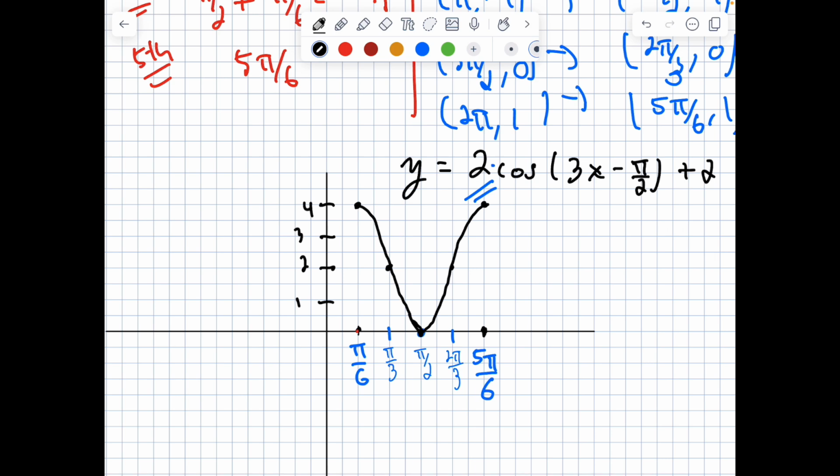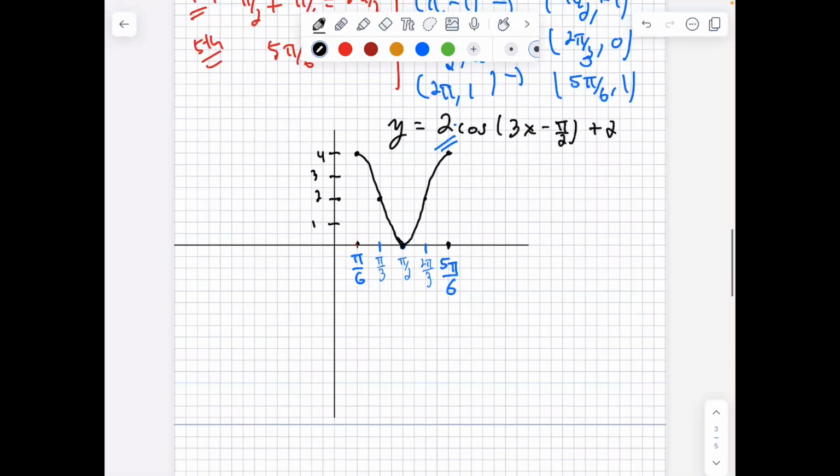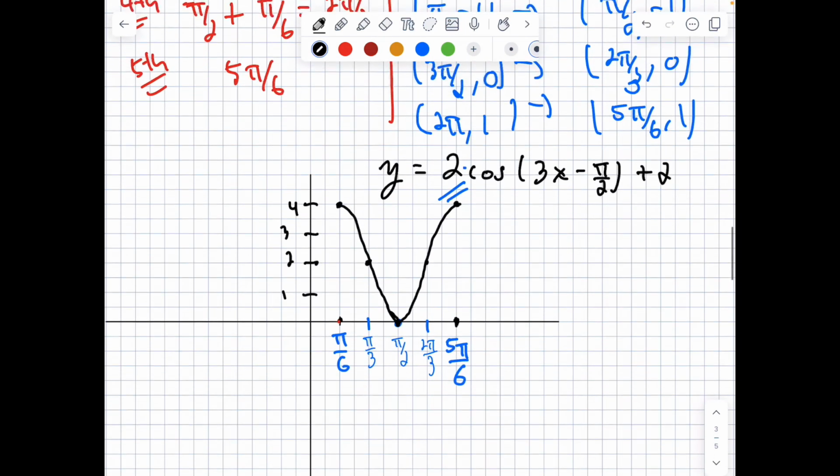Okay, now a couple of things that I wanted to mention here. I did the horizontal shifting first and then the vertical, but you could do it in reverse. You can do the vertical shift and then the horizontal. It's really up to you.